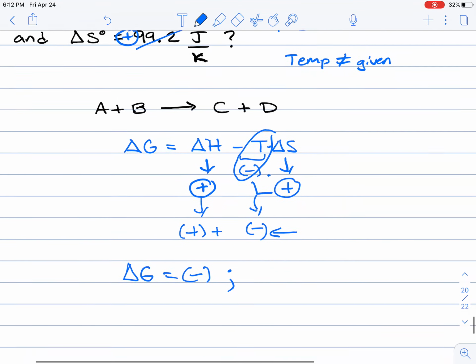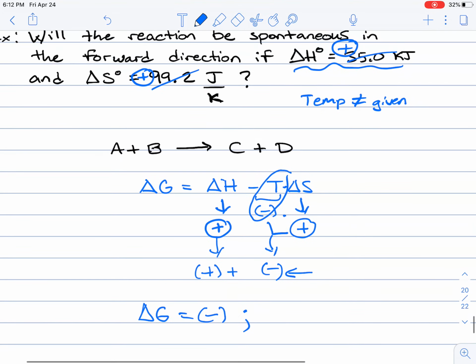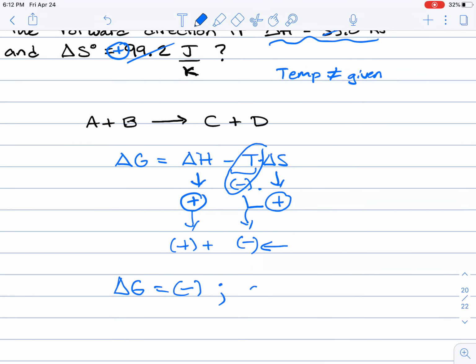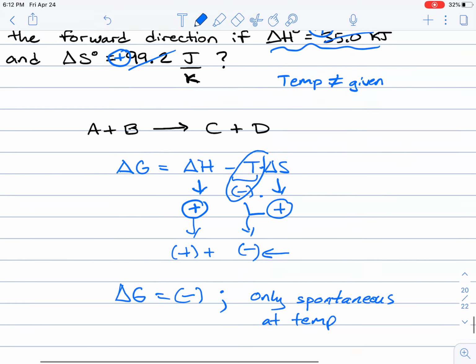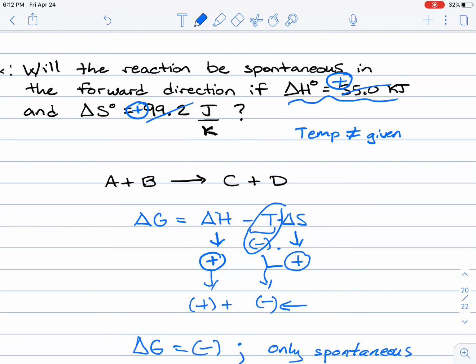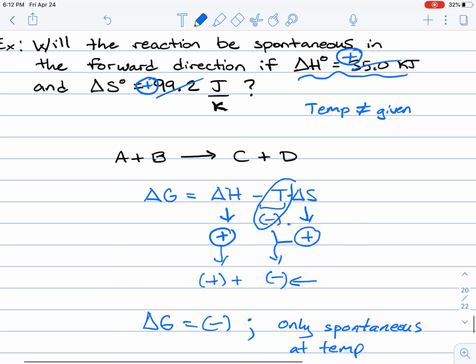And so here we will say that this reaction, AB to produce CD, is only spontaneous at high temperatures. And we don't really know the temperature at this point, because, well, actually, we can figure it out by using these two values that are given to us.